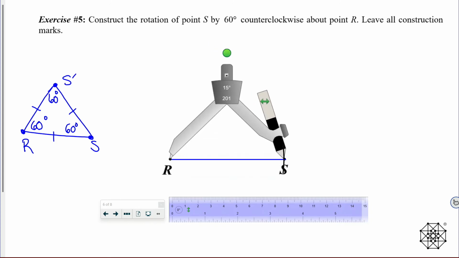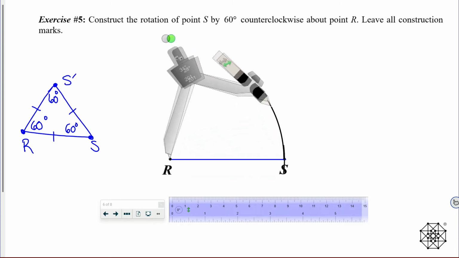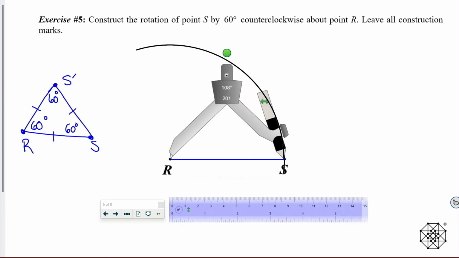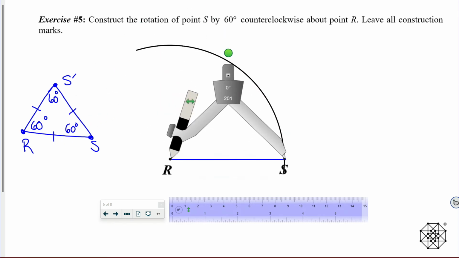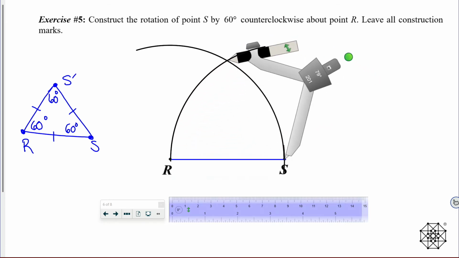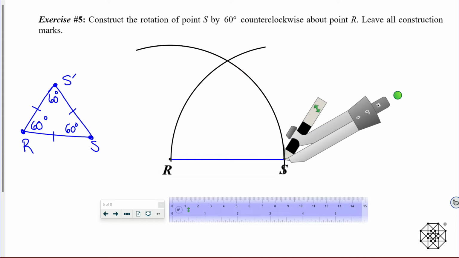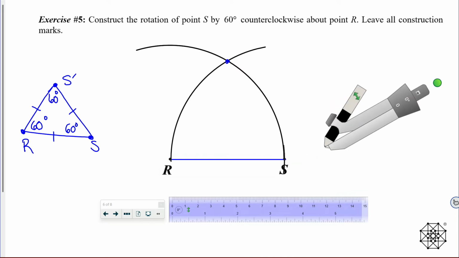I'm going to measure the length of RS, and in fact, I could just do this all the way up. Now I can flip this thing, put the point at S, and make that arc all the way up. And this then guarantees that I have an equilateral triangle.